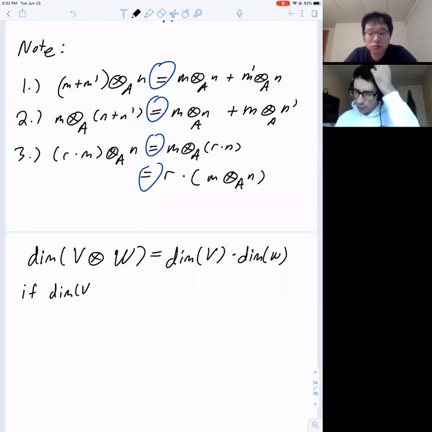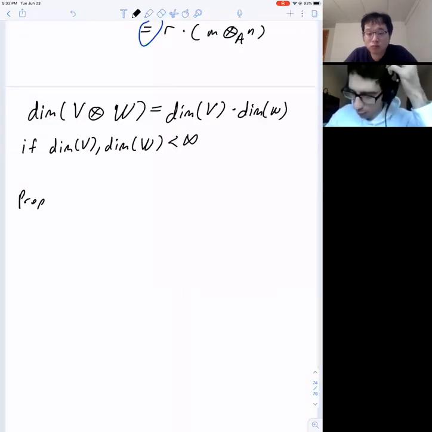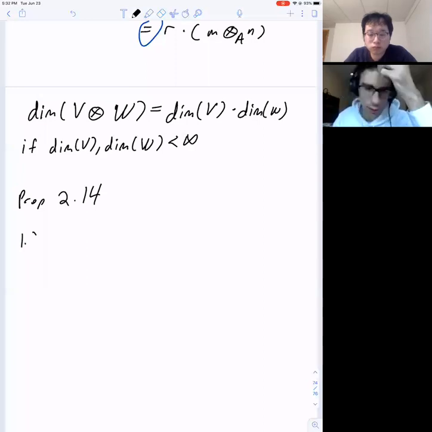Okay, so the first proposition for today, which I will cite as proposition 2.14 from the textbook, is that tensor products behave nicely like this.